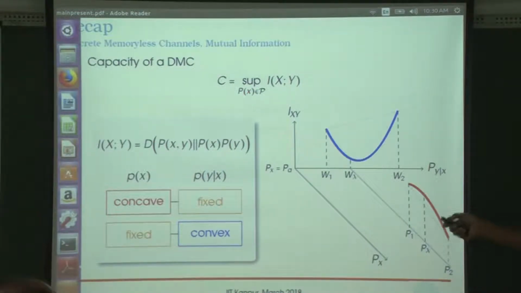This is a convex set, and you are guaranteed that the objective is concave, so there is an answer inside, and then the supremum will indeed become the maximum. So I can use it if you already know this; I can come back and show that sup is max. But without this, I cannot claim that it is a max. The set of probability distributions is convex, and I(X;Y) is concave in P_X. Concave functions on a convex set will have a maximum.